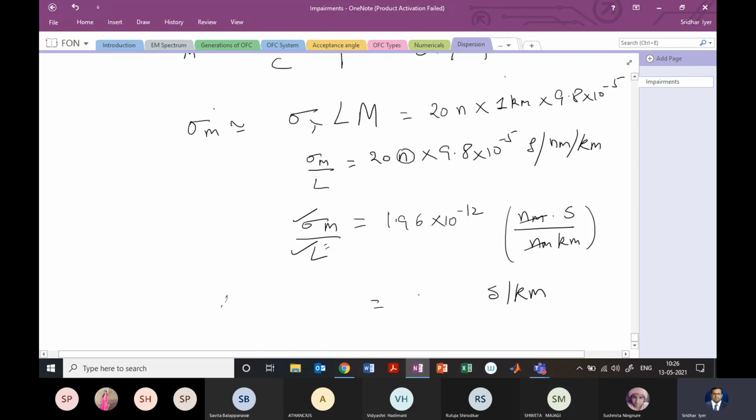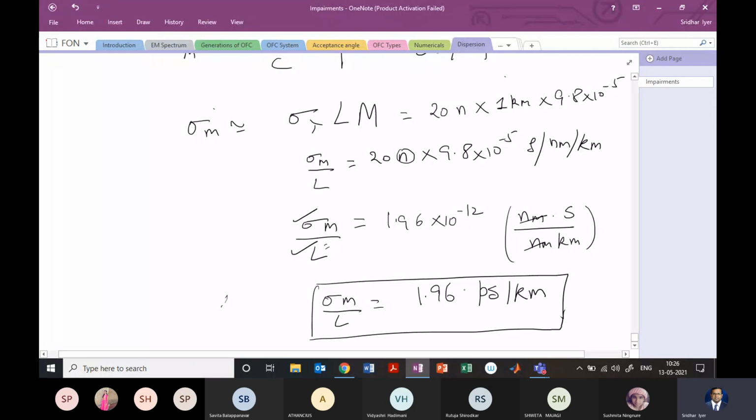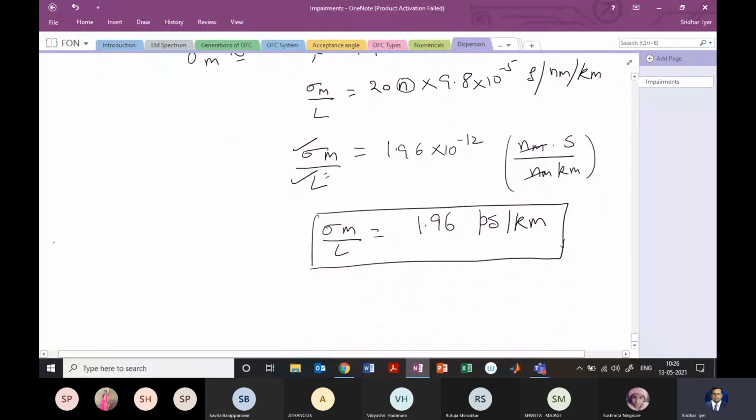You get 1.96 into 10 raised to minus 12, so it will be 1.96 picosecond per kilometer. So we can leave it like that. Or if you want, you can do it in 10 raised to minus 15, or in nanoseconds. It's up to you. But that is the answer we get. And importantly, the units also match, so we are correct in that sense. I hope other students are also getting that answer.